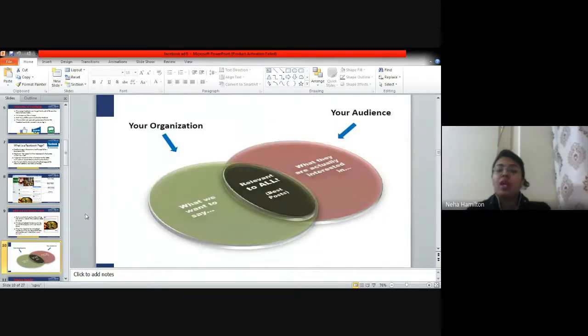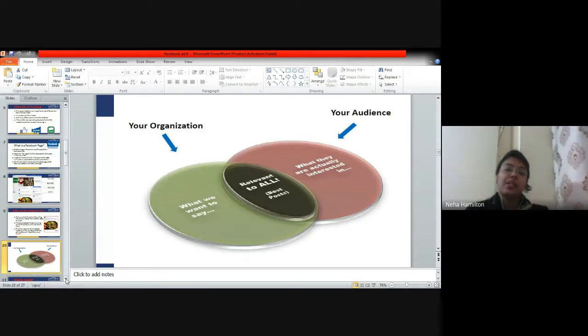page. Next thing that we have studied is, of course, that whatever communication you are doing through your social media platform is an official communication. Okay, so when you are doing your official communication, you should match up with your organization's objectives and your audience objectives. Audience means your audience wants to see something different, some colors, some tempting offers, some discount offers, some sales promotion offers.